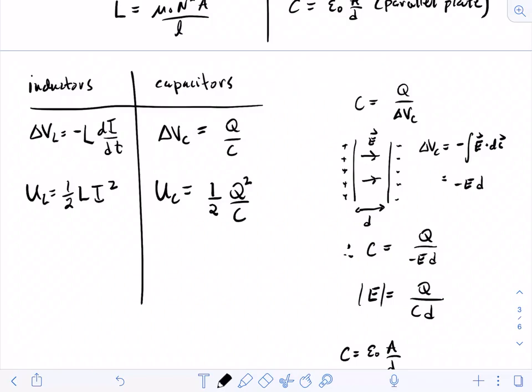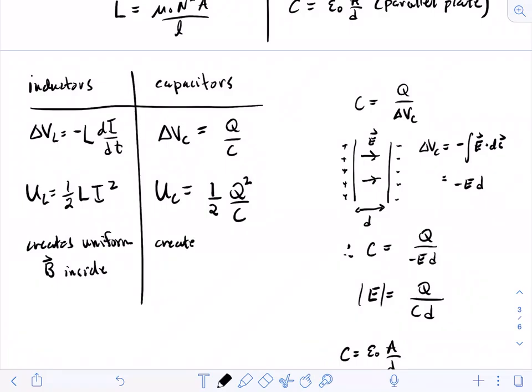Okay, so that's kind of interesting, that there's this very nice analog: what capacitors do for electric fields, inductors do for magnetic fields. A solenoid creates a uniform magnetic field inside, and in the case of an infinitely long solenoid, the magnetic field outside would be 0.